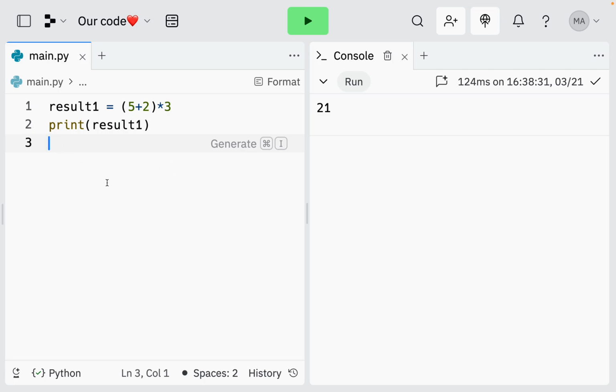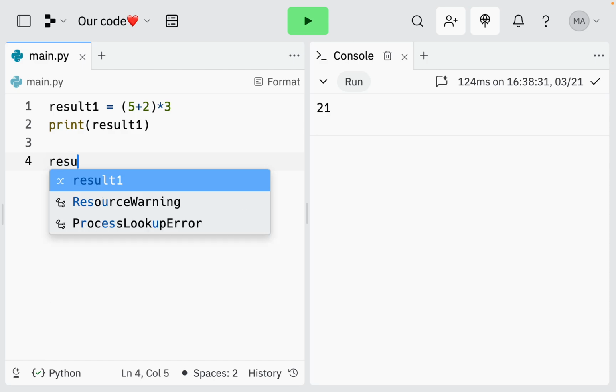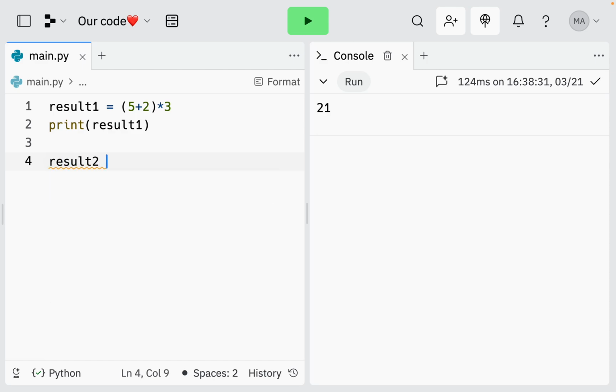Okay, so now let's do result 2. Let's do the same thing, but the only difference is that we don't put any parentheses.